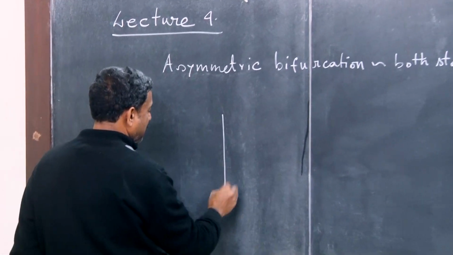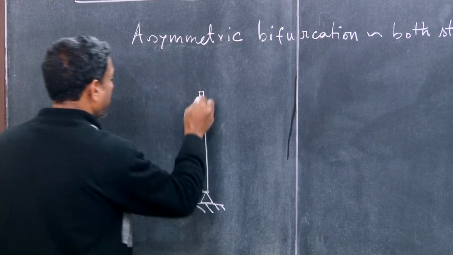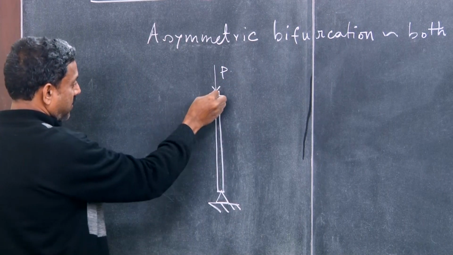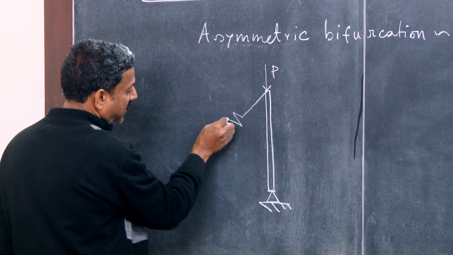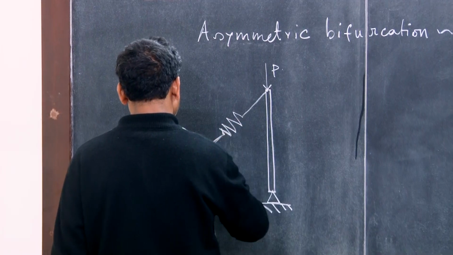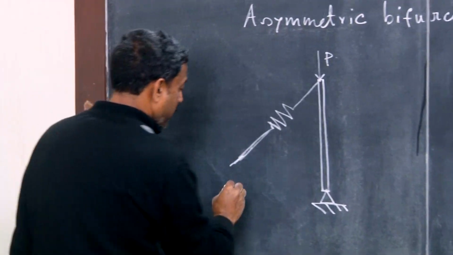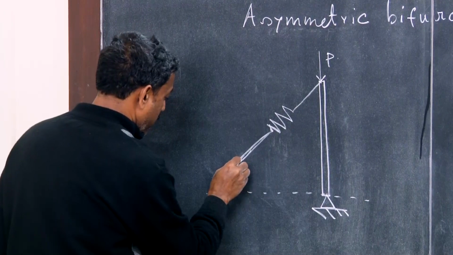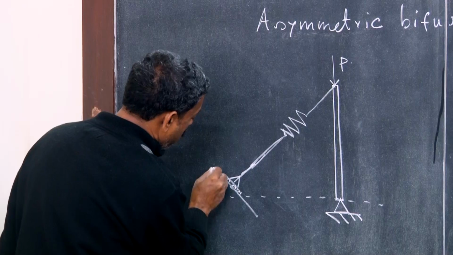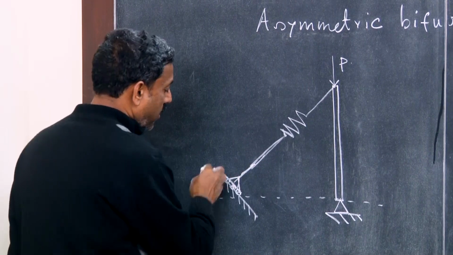So, here you see that once again there is a rigid bar, and this bar is of course subjected to a P load, and then from here it is restrained by a spring, but that spring is an inclined translational spring, and you can understand that you have to have a roller support on the inclined plane.